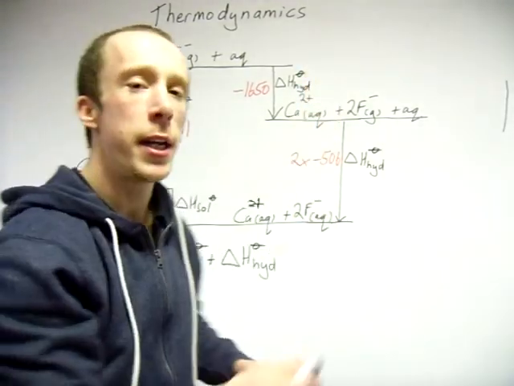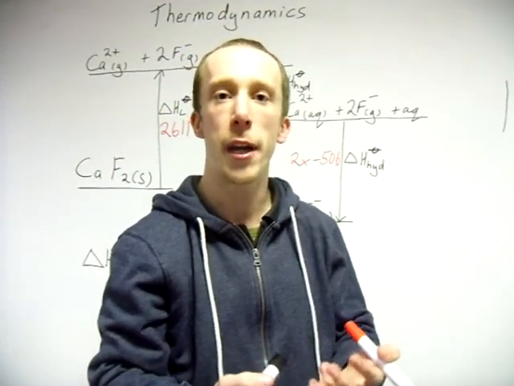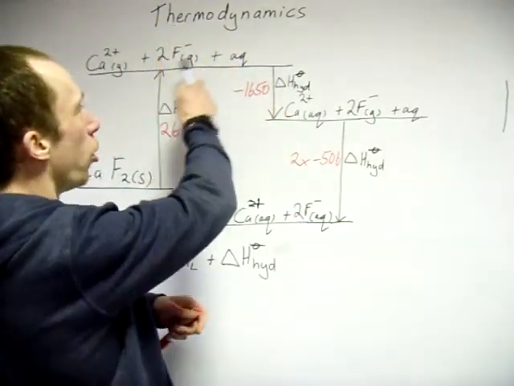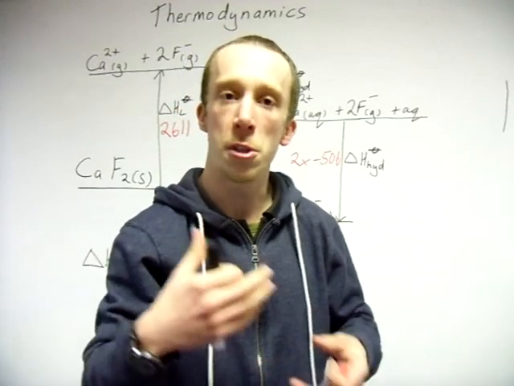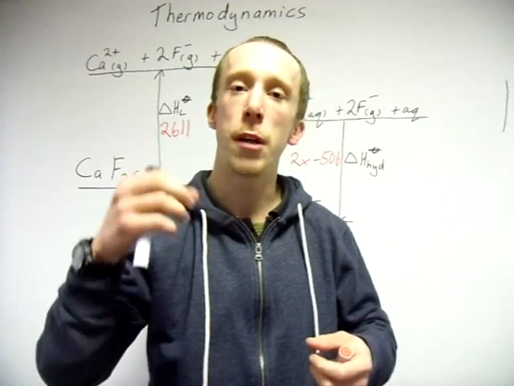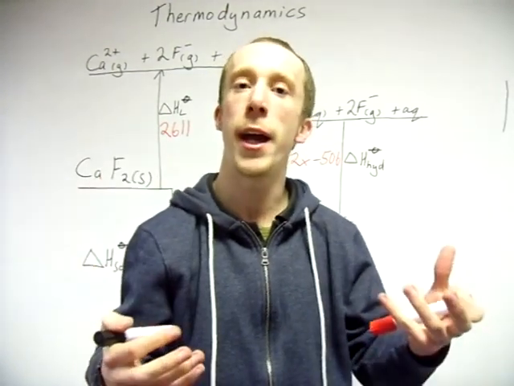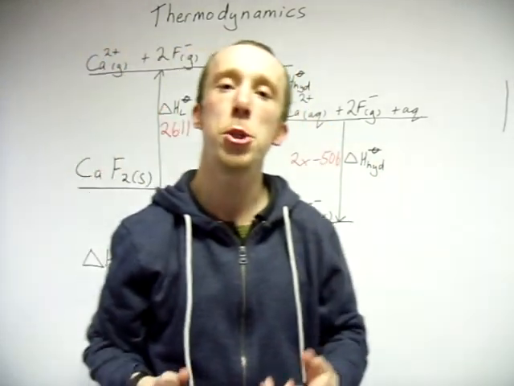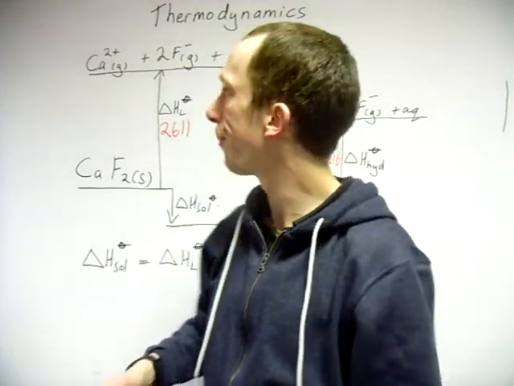Now the hydration is the value for when water is attracted to these ions. I'll go through what can affect that in a second. Up here we've got our gaseous ions, so we need water to surround them and be attracted to them. Water being polar, you've got the delta negative sign on oxygen and the delta positive sign on hydrogen, so it depends on the charge of these species which bit of the water gets attracted to them.